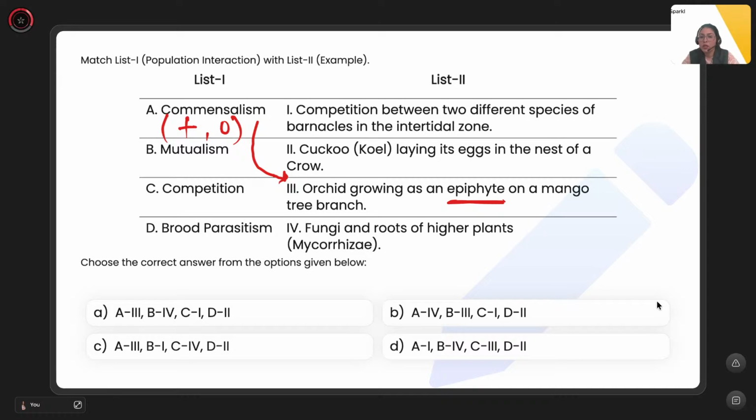B is mutualism. So mutualism, beta, we are aware that here you have a positive interaction.